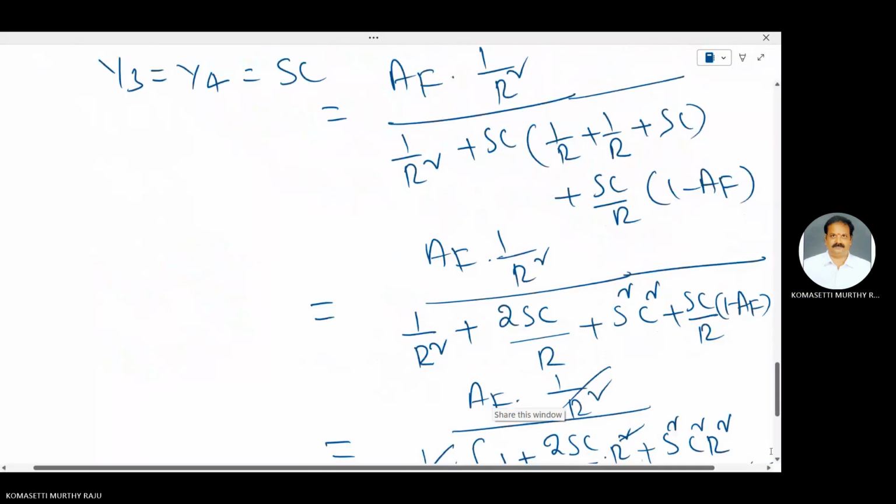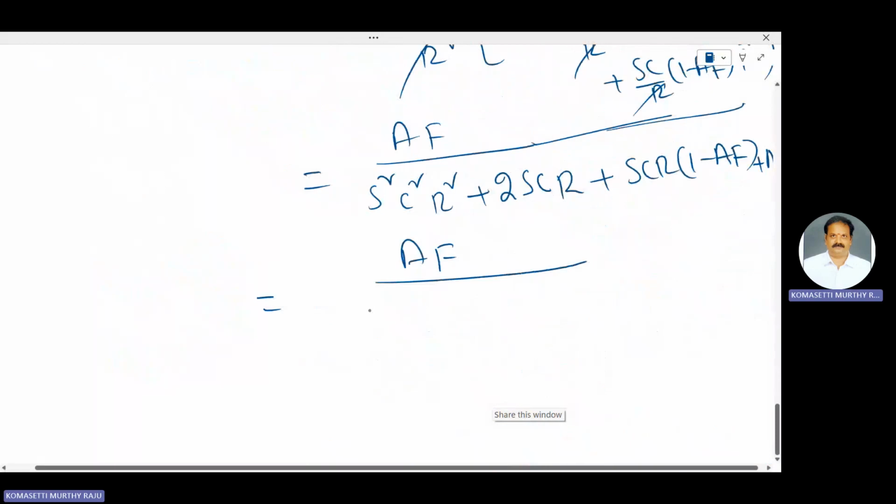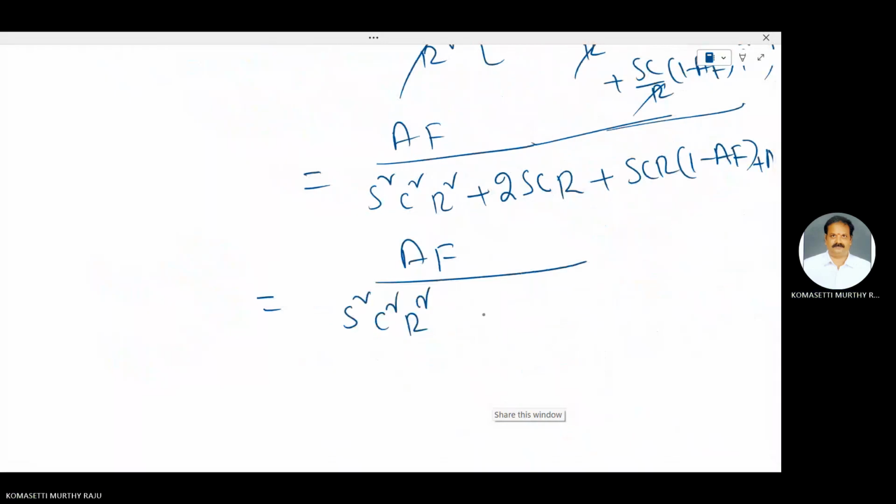That is equal to AF by S square C square R square plus 2 SCR plus SCR is 3 SCR, minus AF SCR, plus 1.